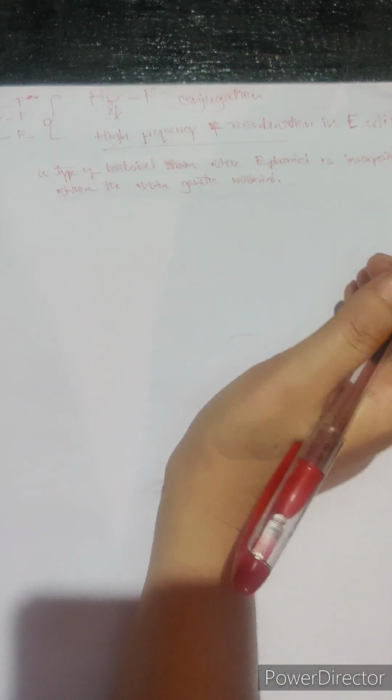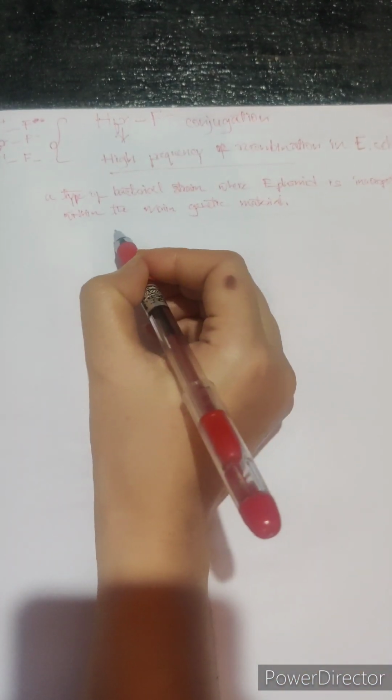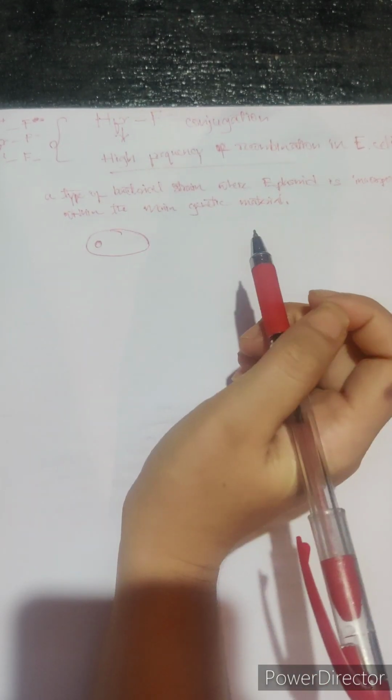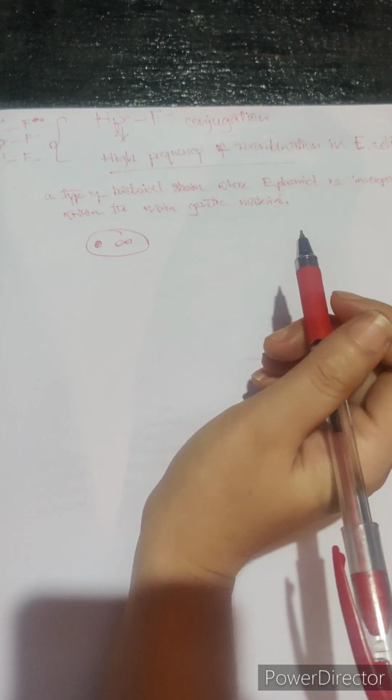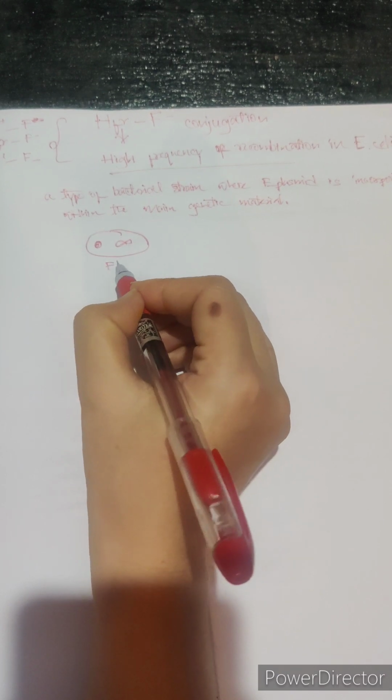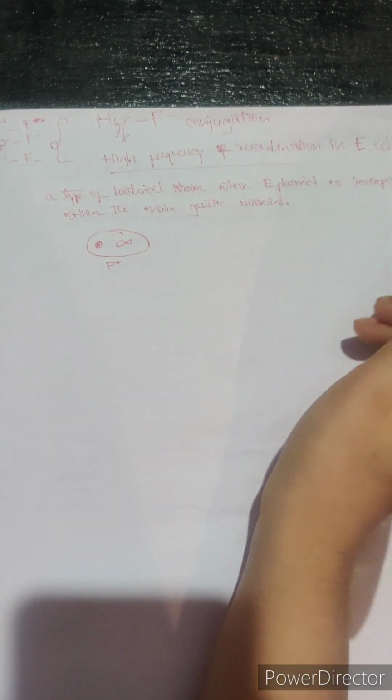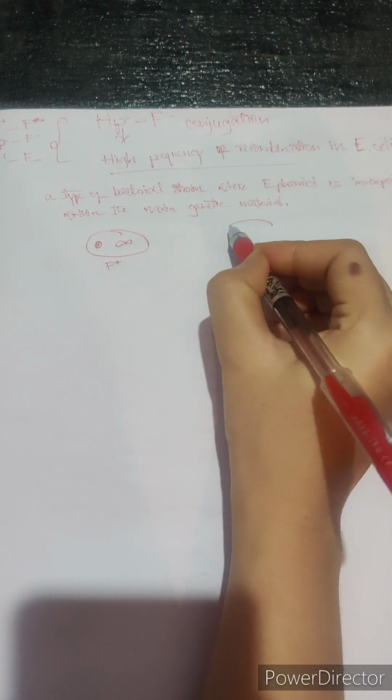So let me make a picture for your better understanding. Here is your bacterial cell. This is your F plasmid, which is double-stranded, and this is your main genetic material. So this is your F plus, and let me make another bacterial cell.